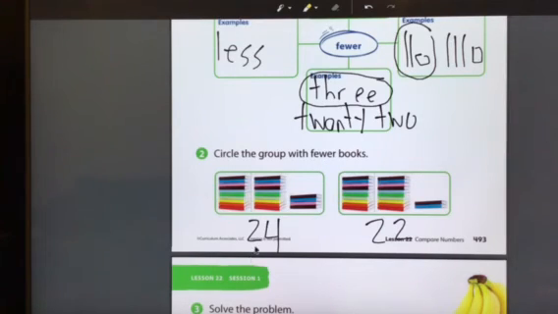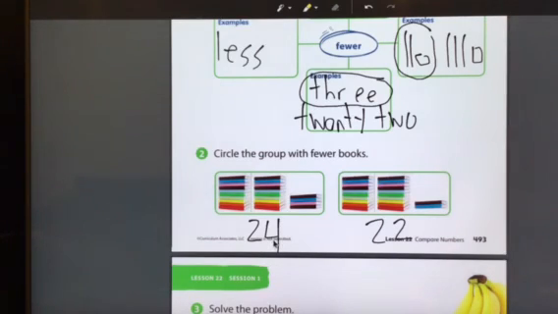I just told you to look in the tens place to compare your numbers. Well, there's a 2 here and a 2 here. That's the same. So how are you supposed to know which number has fewer? If the number in the tens place is the same, you need to look at the number in the ones place.